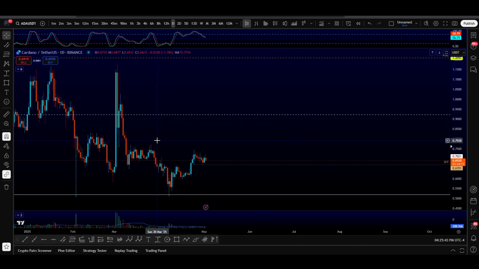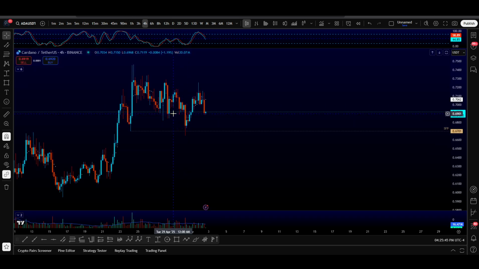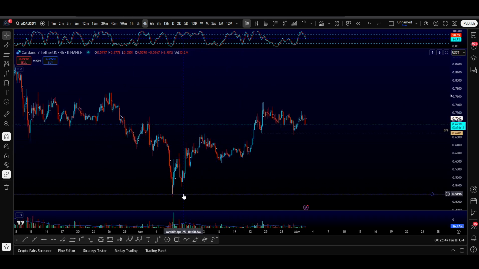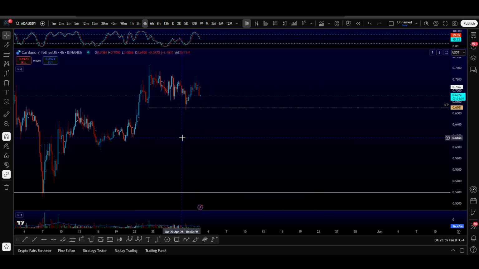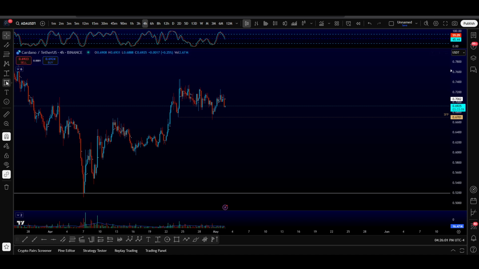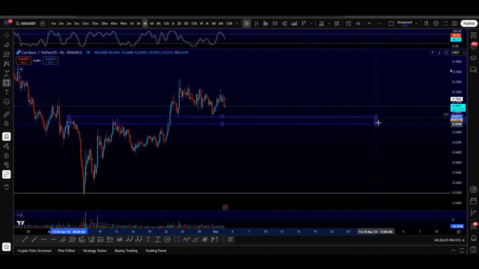So let's go ahead and zoom in a little bit more here. Let's go to the 4-hour chart. Price moved up. Had a nice little impulse. Flip this resistance into support.